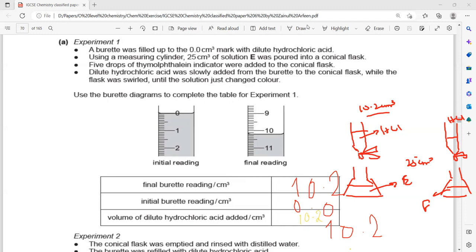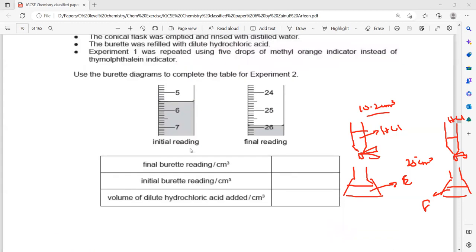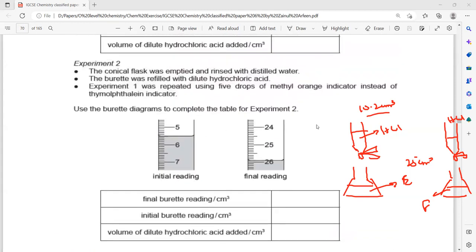Now we did the experiment, and a few drops of thymolphthalein indicator were used here. Then we refilled, and we use methyl orange. So again, the methyl orange is added.